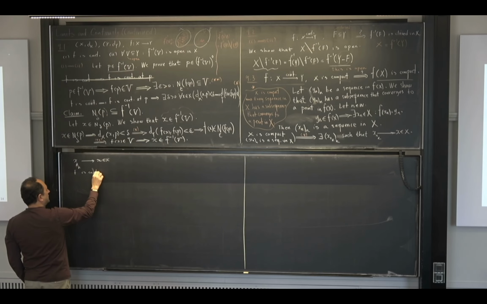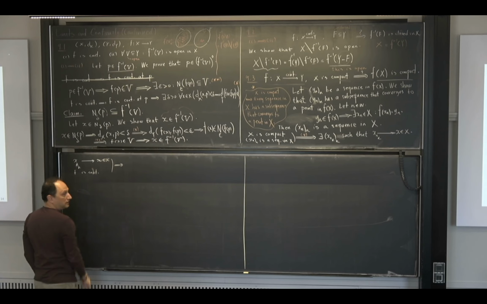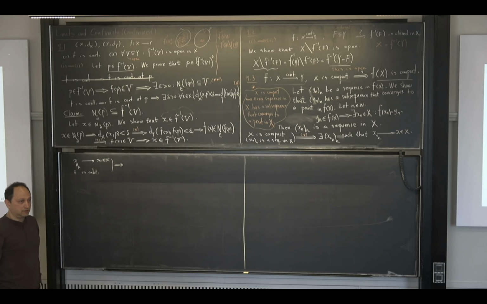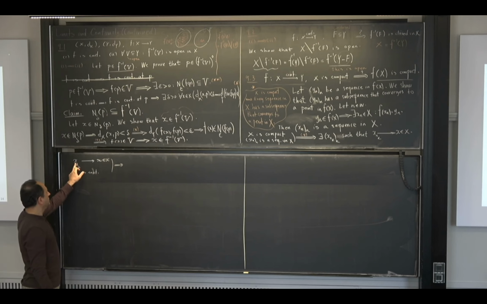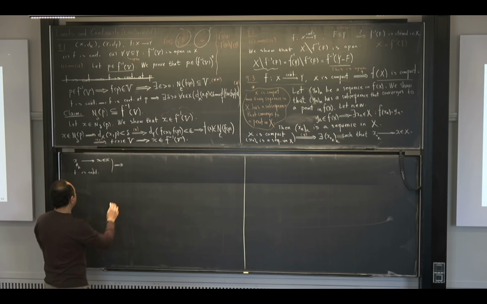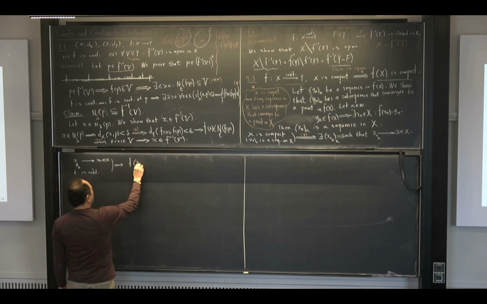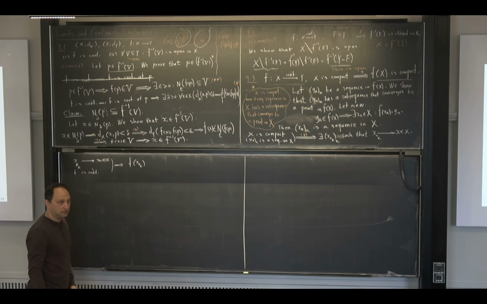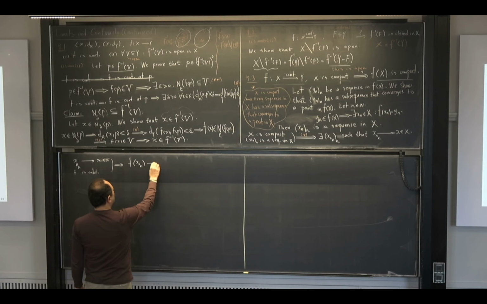Can you finish it? You remember, if I have a sequence that converges to a point, the sequence of f's will also converge to f of the point because of continuity yesterday. So this means that f of x n sub k converges to f of x.